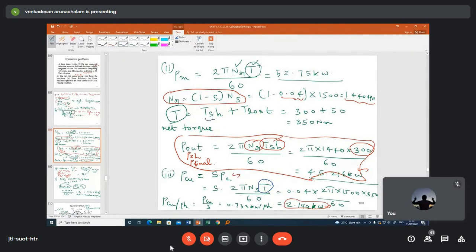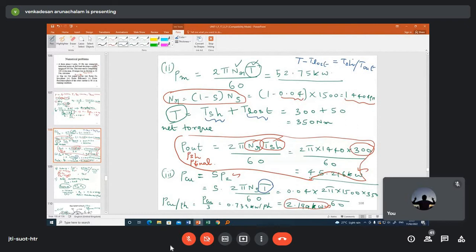That is T shaft. If you add the torque lost due to friction to this shaft torque, then only you will get the total torque which is available in the rotor. The torque available in the rotor is T. If you subtract the torque loss due to friction from the torque available in the rotor, you will get the shaft torque or T out.